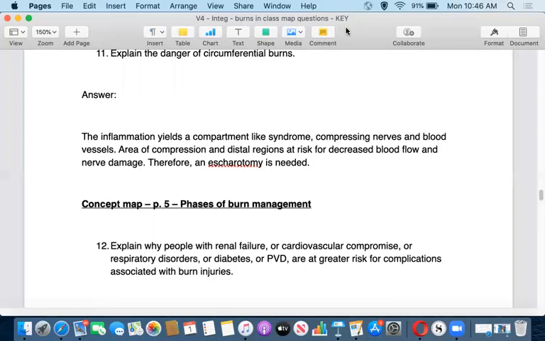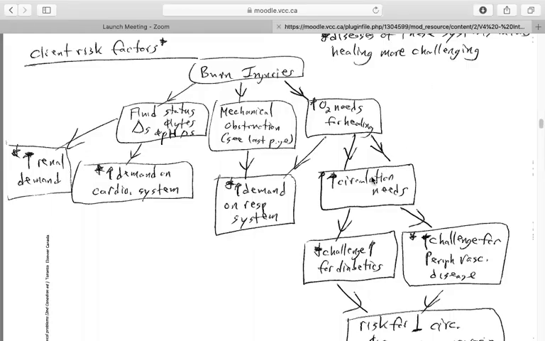But let's look at this specifically in terms of burn injuries. So just looking at the top of your map, page number 5, and seeing how these comorbidities complicate healing. We can really talk about this in general with many health issues, but this unit's on burns, so let's talk in that context.